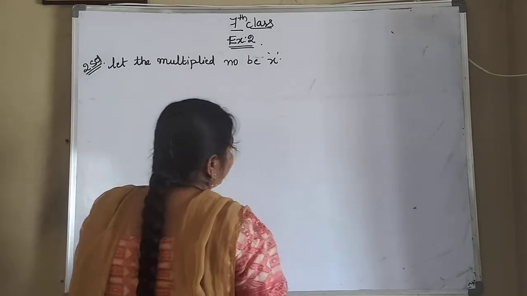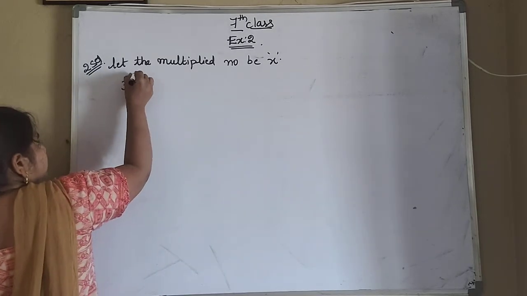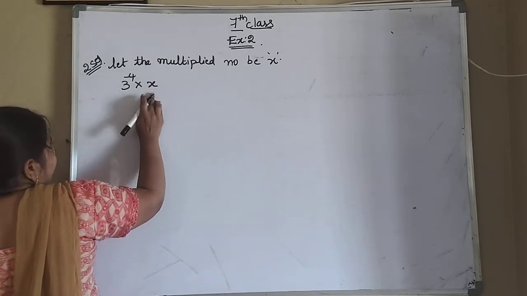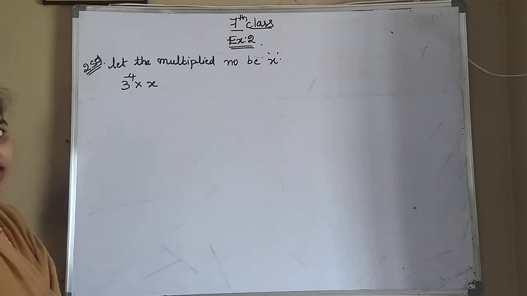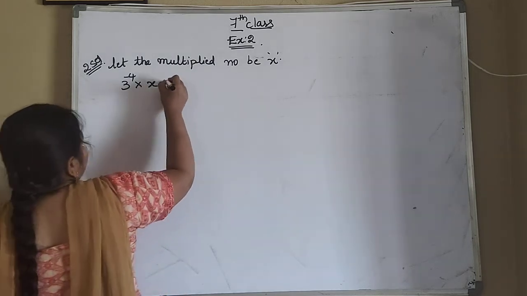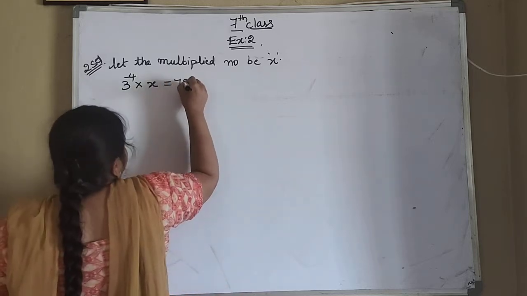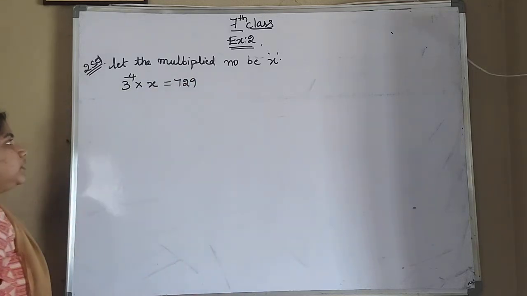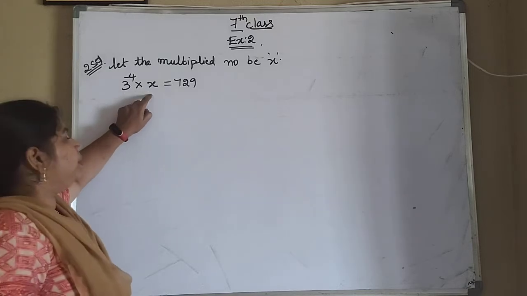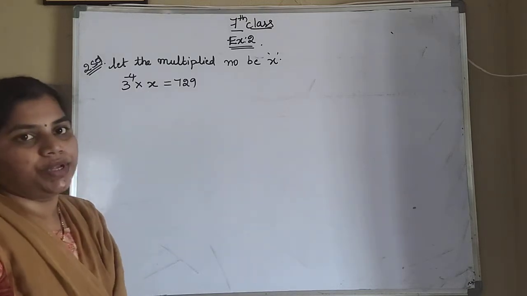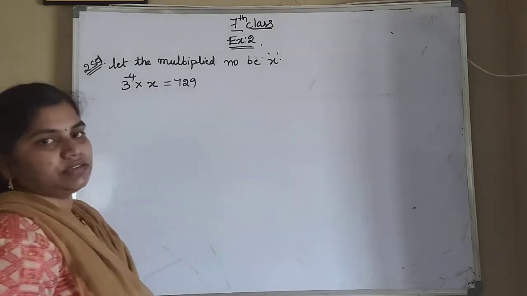For 3 power minus 4, which number will you multiply? That multiplied number I have taken as x, and it will give the result as 729. So we have to find this x value now.